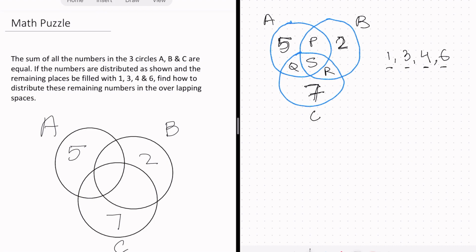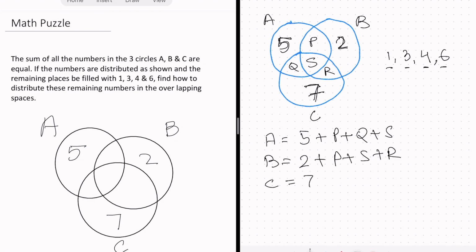So A is 5 plus P plus Q plus S. B would be 2 plus P plus S plus R, and C would be 7 plus Q plus R plus S.